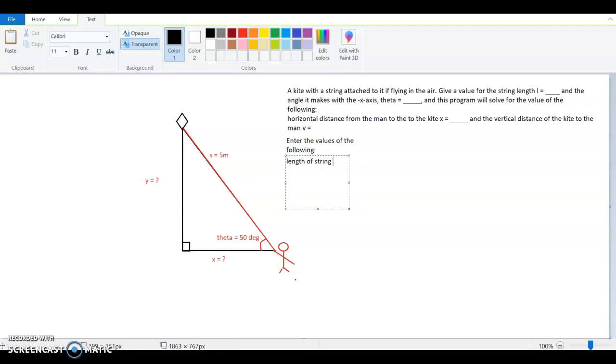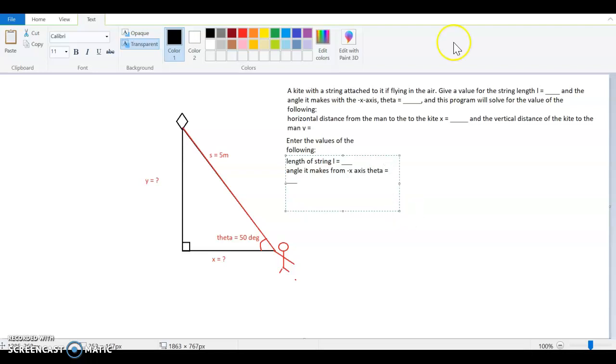Of course, you need to give information so that the user will know what they're about to give. Next is the angle it makes from the negative x-axis.